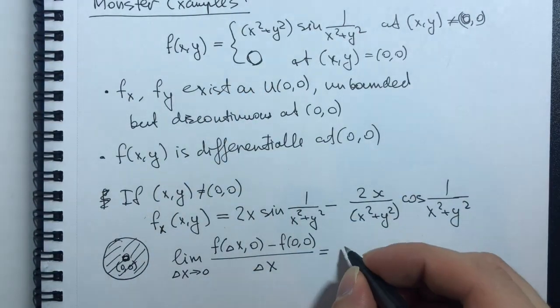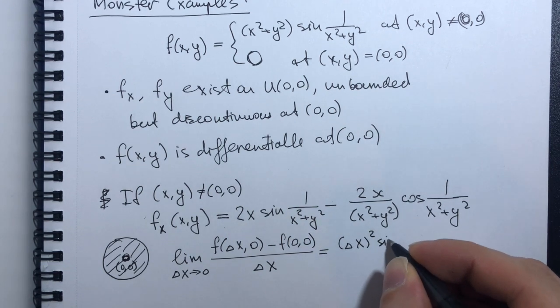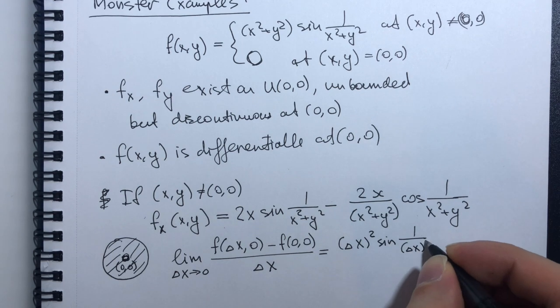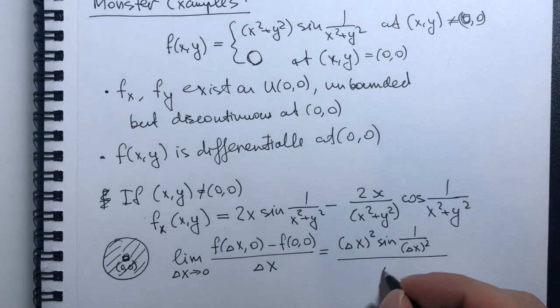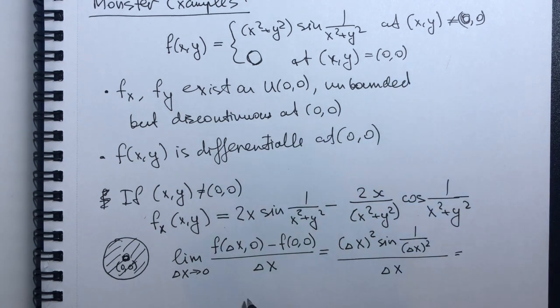If I plug it in, I get delta x squared sine of 1 over delta x squared divided by delta x. I can cancel out delta x's, and I'll be left with the following.